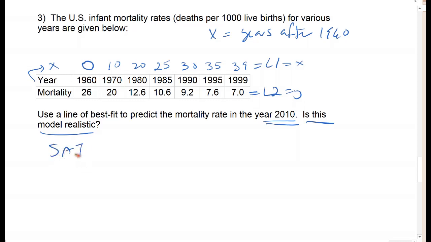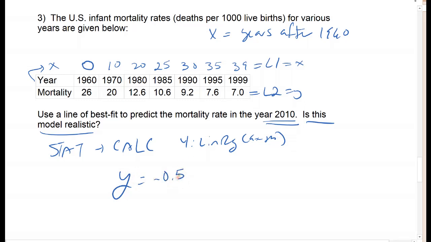Then we go into the stat key. You go to calculate, and you're going to pick the linear regression ax plus b. Alright, so these come out not real pretty, but negative 0.5004 x plus 4.657.